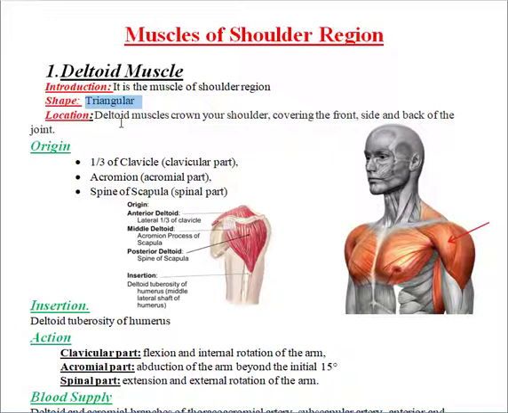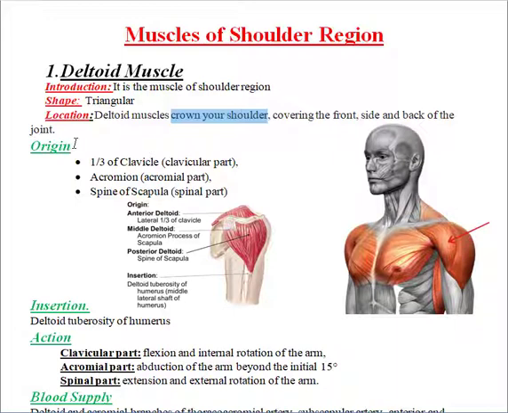The deltoid muscle crowns your shoulder, which means it is located above your shoulder, covering the front, the side and the back of your shoulder joint, right?